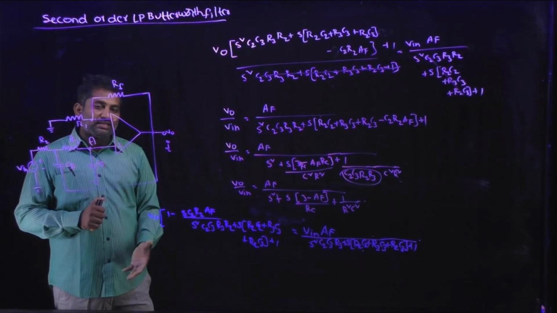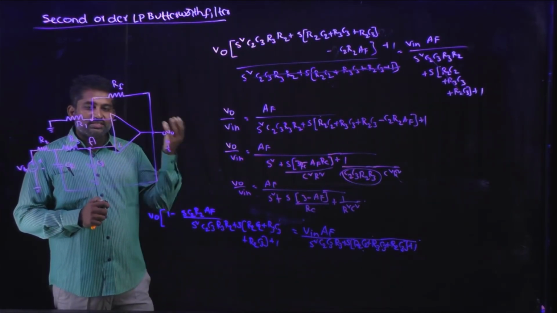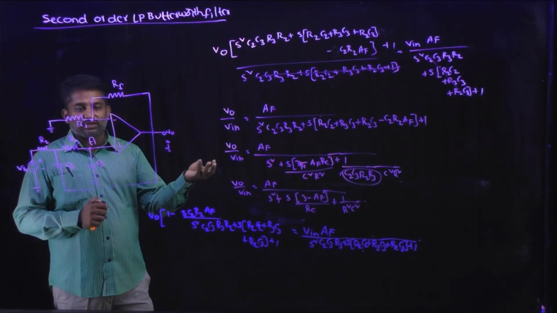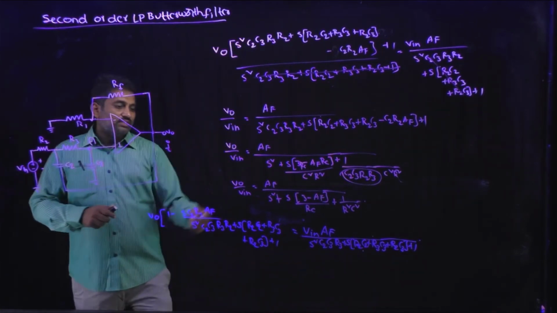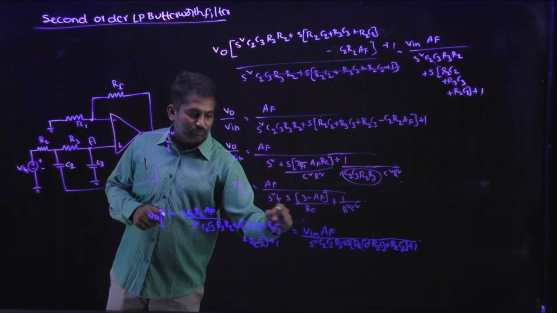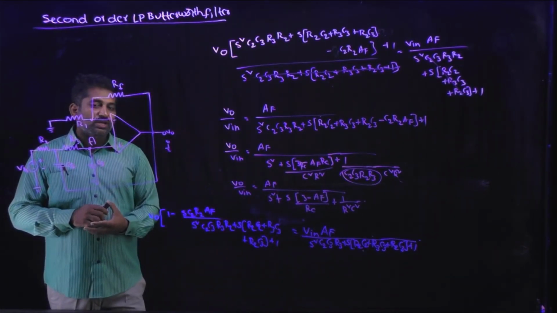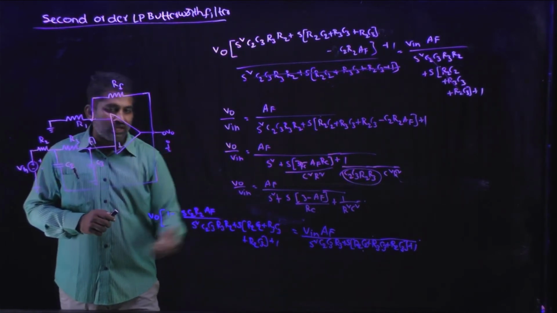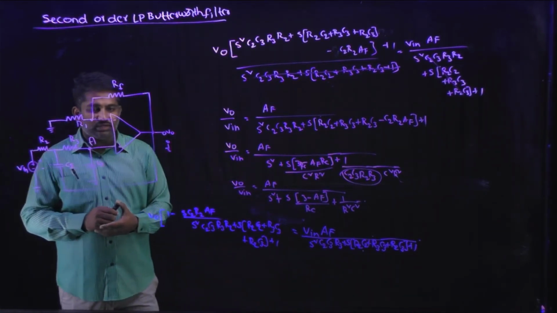So we calculated the transfer function, and from this we can easily calculate the cutoff frequency as well as the gain value. This is the second order expression. Why I am treating it as second order: if you observe the order of the expression, the highest power of S is 2.